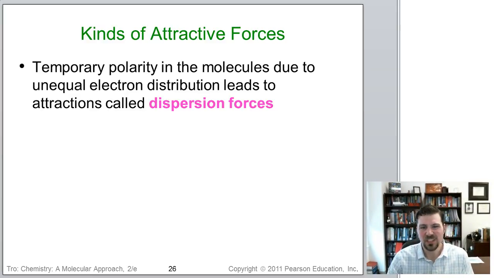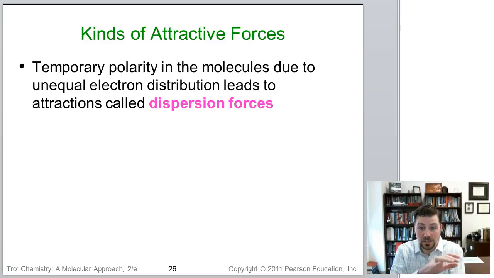The first one we said was dispersion forces. Sometimes these are called London dispersion forces, so you may have heard of them before. Essentially, a dispersion force is a temporary polarity that happens inside of a molecule because the electrons are not distributed equally everywhere. Remember, those electrons are negative charges, and you have a lot of them on the molecule. As they're moving around inside their orbitals, temporarily they might shift to one side of the molecule or another, so more electrons might be on one side than the other.